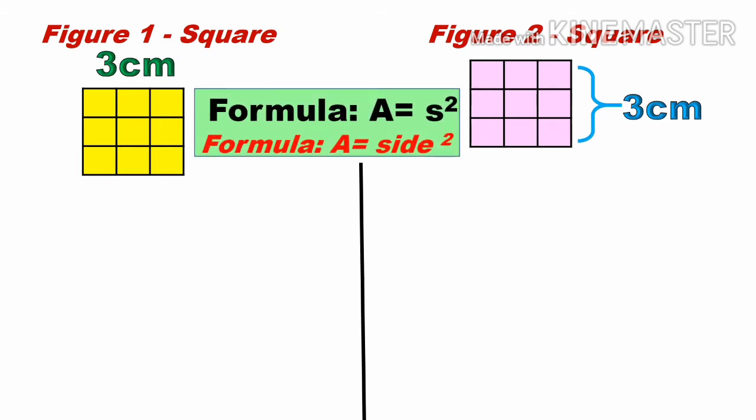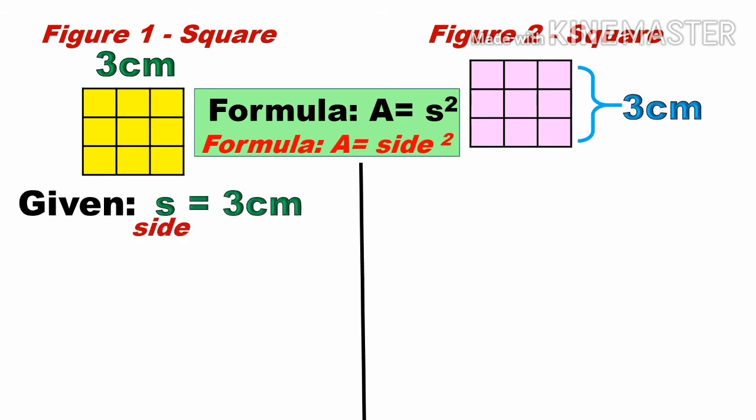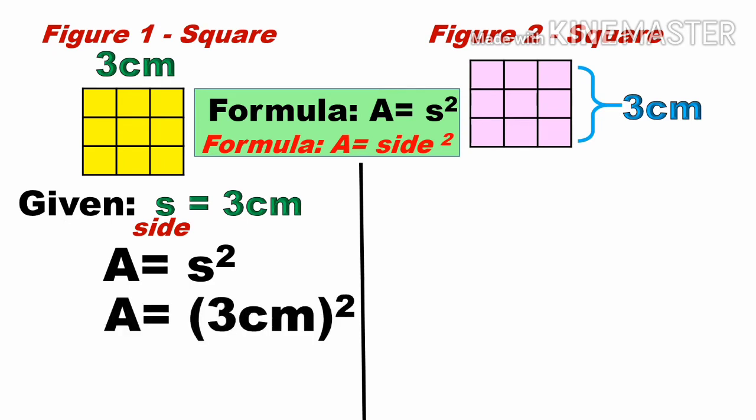First one, the given is the side, which is equal to 3 centimeter. Then we substitute the value of the side, 3 centimeter. Therefore, we have A is equal to 3 centimeter square. And the answer is 3 square is 9. Then centimeter square. So therefore, the area of the first figure is 9 square centimeter.